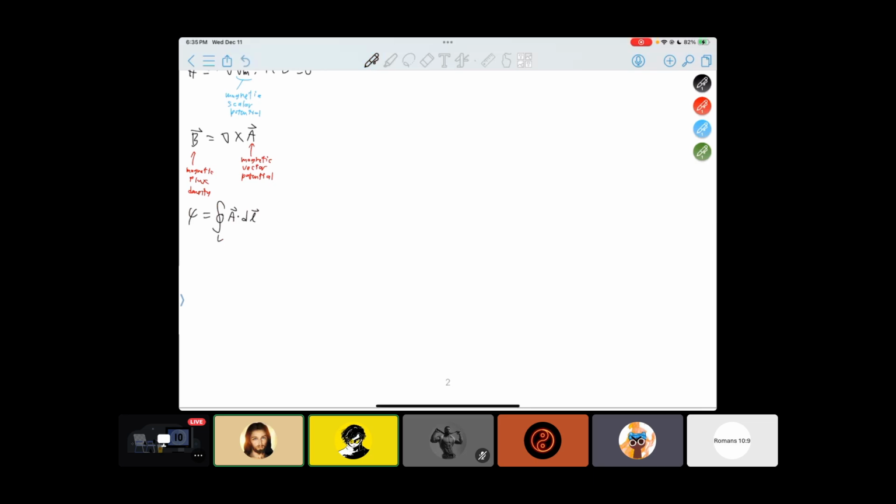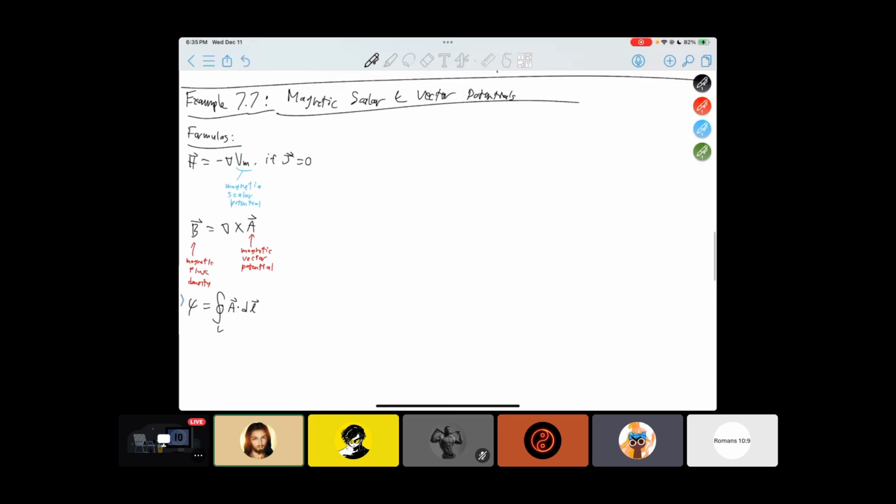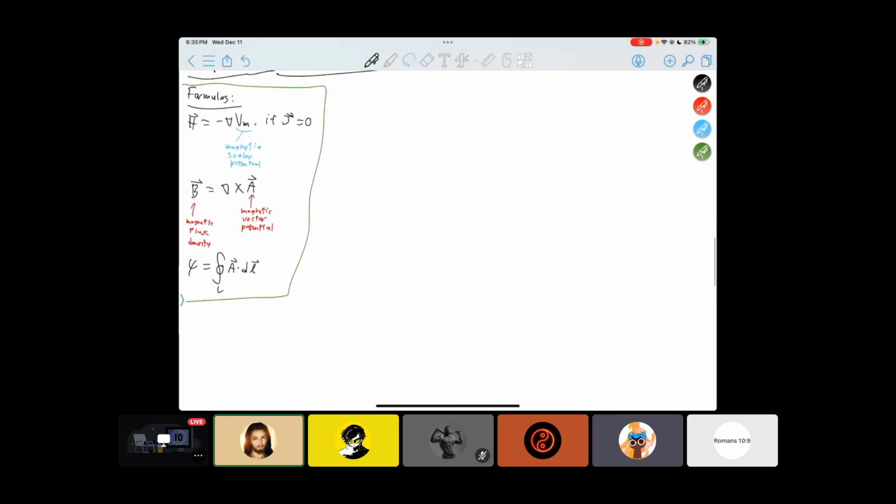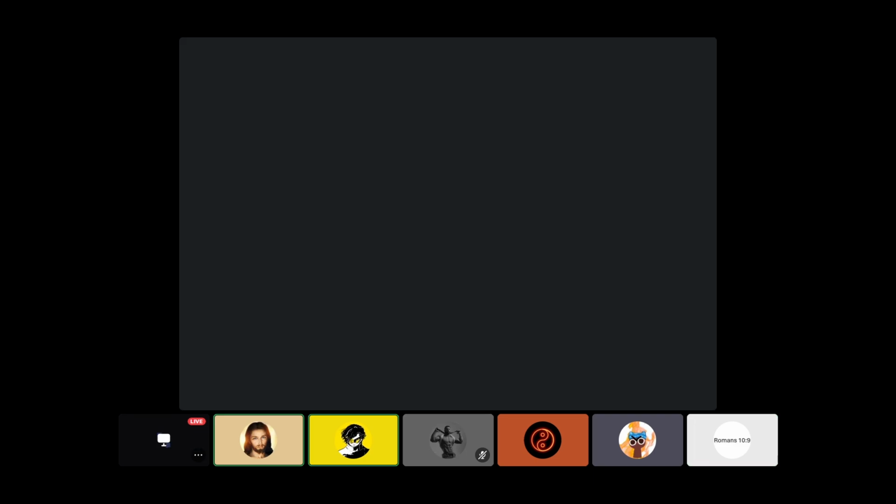So I think we can go ahead and start example 7.7. I'll just box this here. Those are the three formulas we need: 1, 2, 3. I'll separate them so we don't confuse them later.